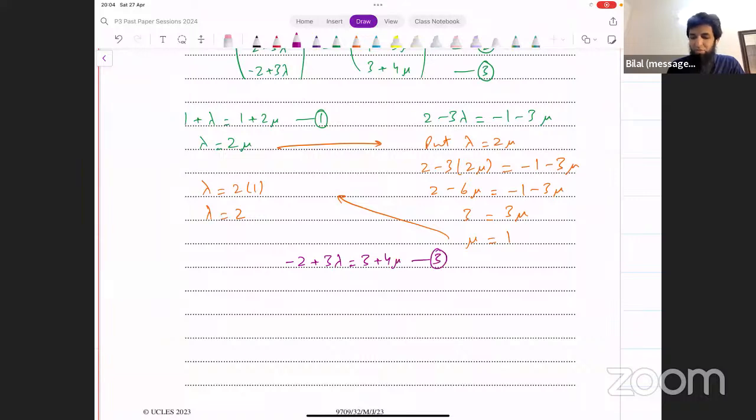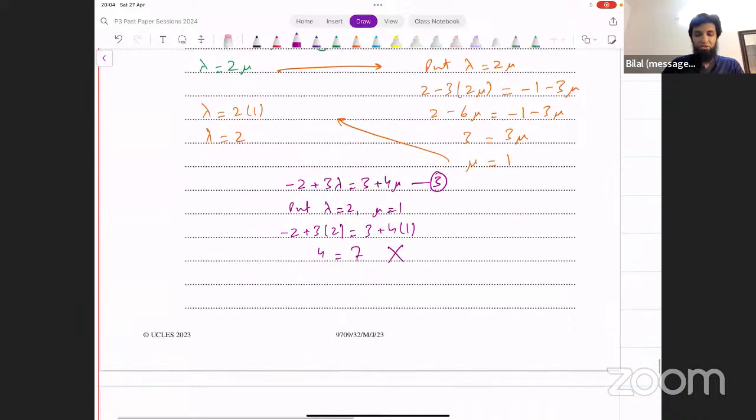This is equation number 3. Let's input lambda equal to 2 and mu equal to 1 in this. Minus 2 plus 3 into 2 equals 3 plus 4 into 1. And that gives me 4 equal to 7, which is clearly not correct. So the third equation does not satisfy.